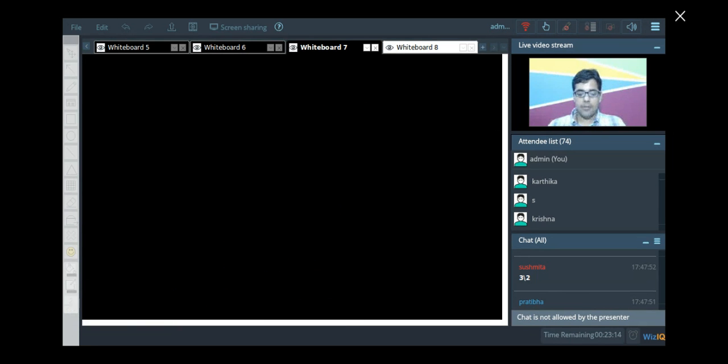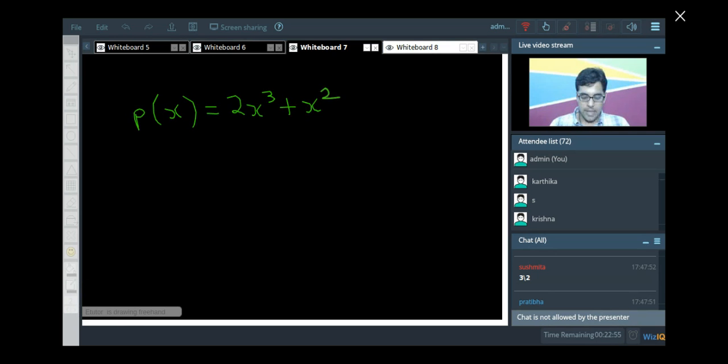Next question is given as, we have to find whether g(x) is a factor of p(x). The first case is p(x) equals 2x cube plus x square minus 2x minus 1, and g(x) in this case is x plus 1.